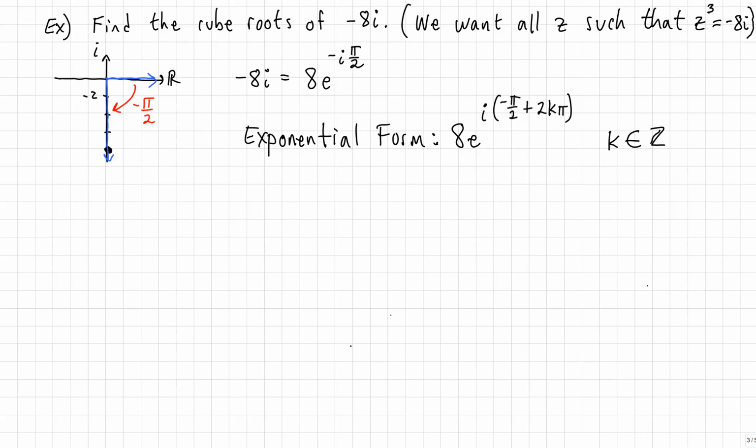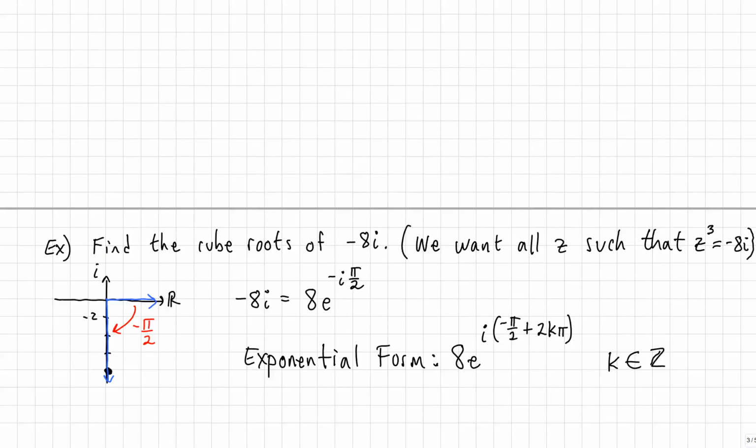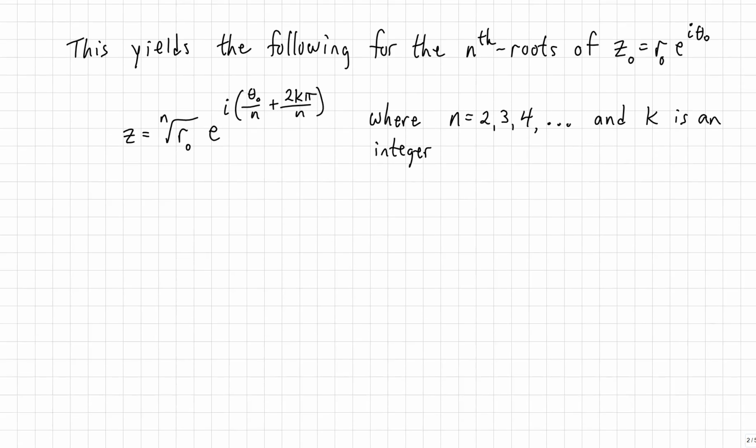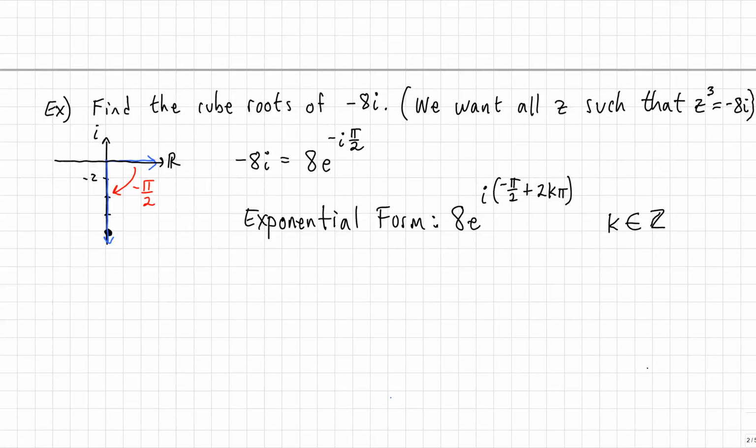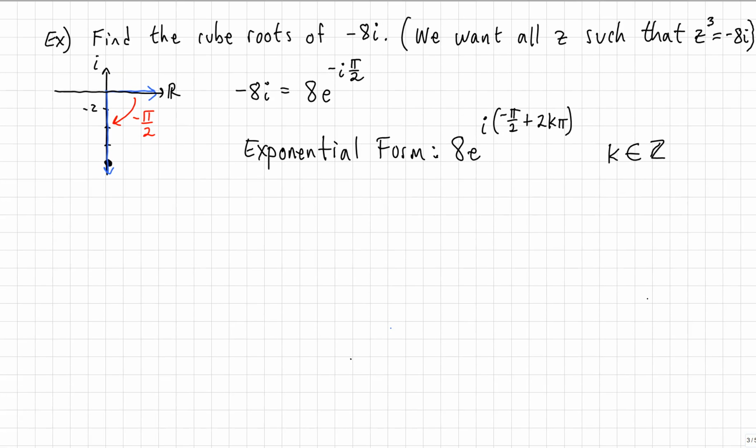So we now want the cube roots of that. To find the cube roots, we're just going to use our result from up here. We take the cube root of the modulus, the cube root of r, and then we take the angle, negative pi over 2, divide that by 3, and then take 2k pi and divide by 3. That comes up with the cube roots.